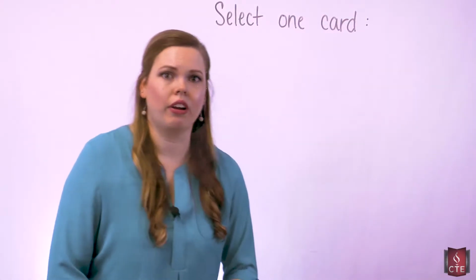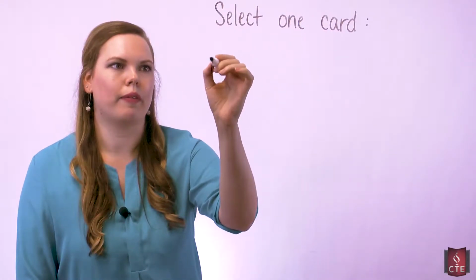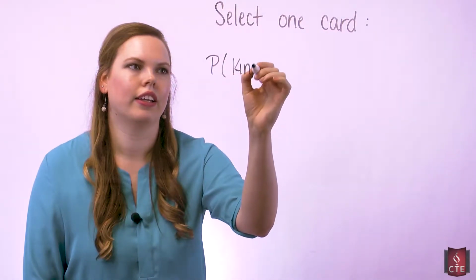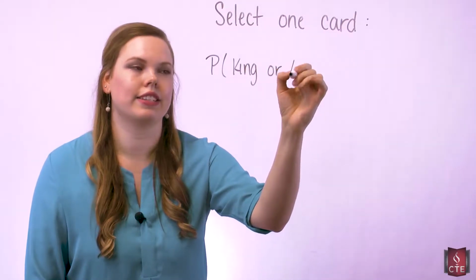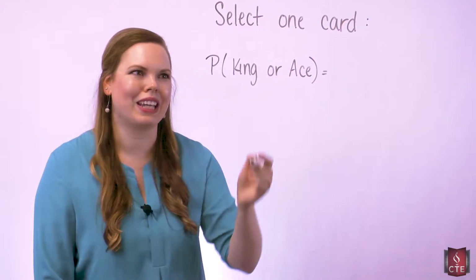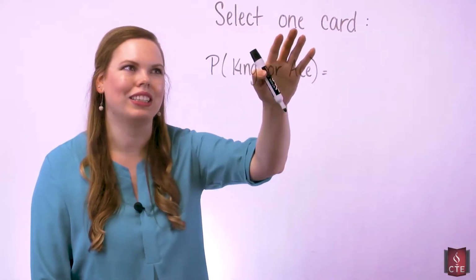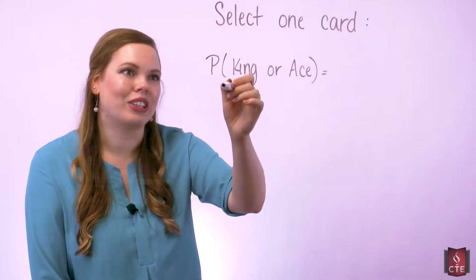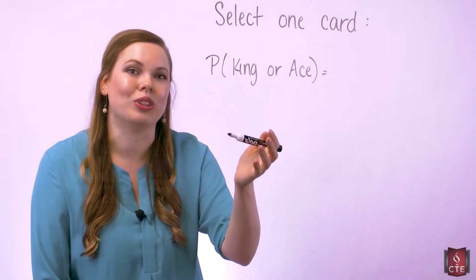Let's still select 1 card and find the probability of a king or an ace. So OR probability, once again, clearly saying the word OR, selecting 1 card, so it will work. And the next question we ask ourselves is, is this mutually exclusive?